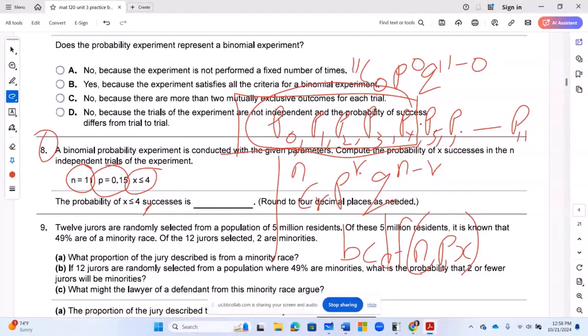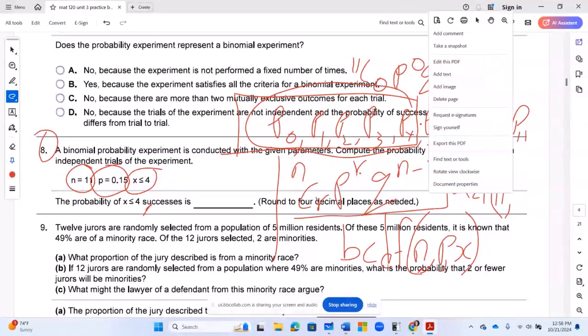All right, so I will now put it in. So binomial CDF, cumulative density function. The sample size is 11. Success is 15%, or 0.15.